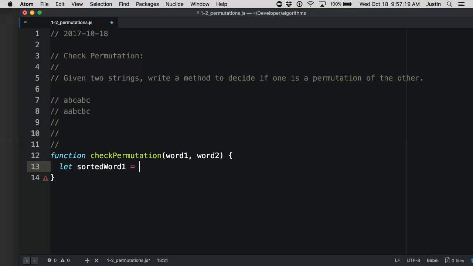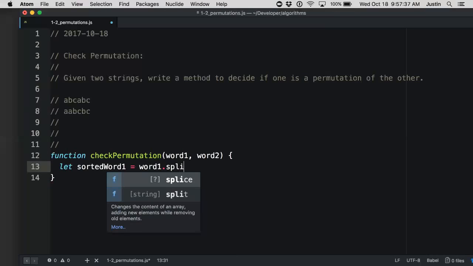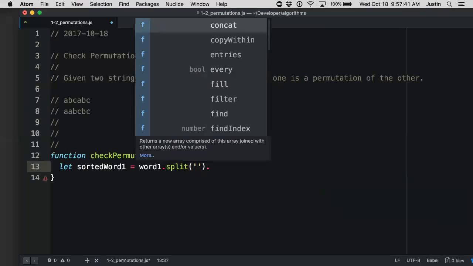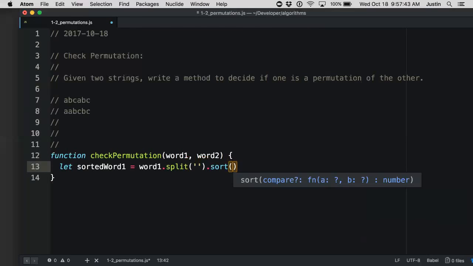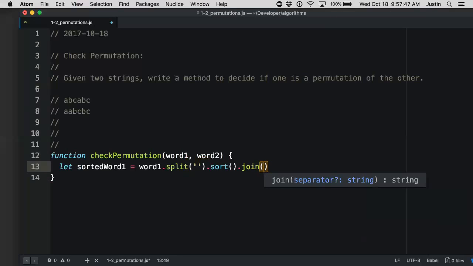All right, so what I'm going to do is make two words that are the sorted version of word 1 and word 2. So sorted word 1 will be word 1. Because we can't really sort a string, we have to split it to make it into an array. Since this is an array, we can sort it, and then we can join it to make it a string again.